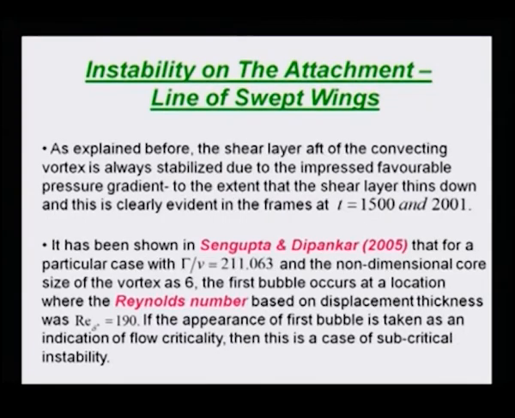Now, the shear layer that is aft of the convecting vortex is always stabilized, because that introduces a kind of a favorable pressure gradient, right, that we have talked about. And you can see the shear layer would thin down in those regions. That you can see actually in those later frames.